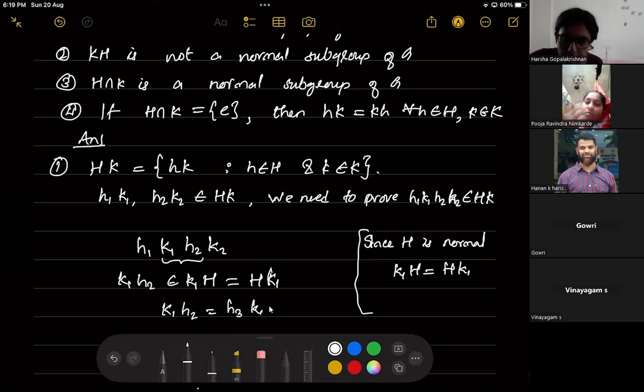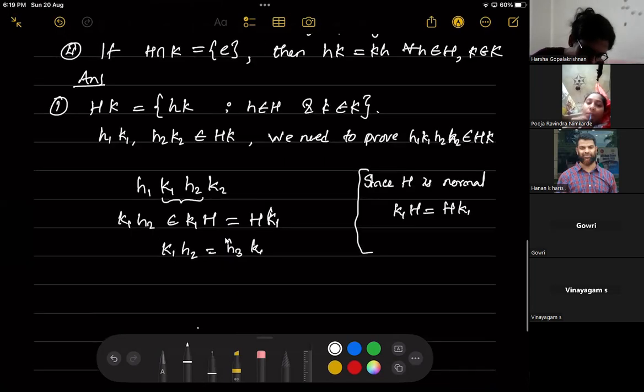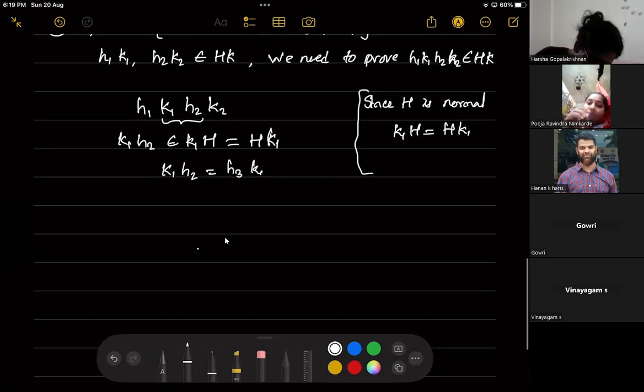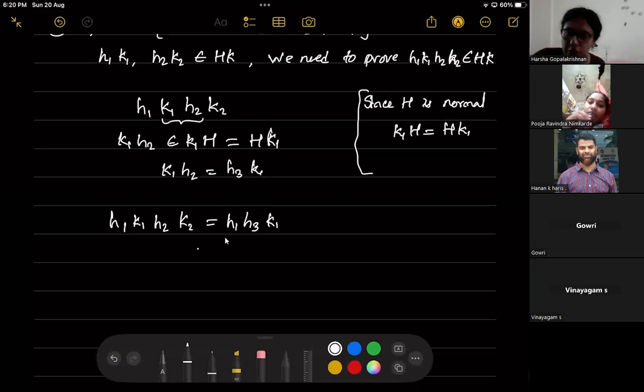Now I am replacing this K1H2 with H3K1 in this expression. So what will we get? H1, K1, H2, K2 will be equal to H1, H3, K1, K2.